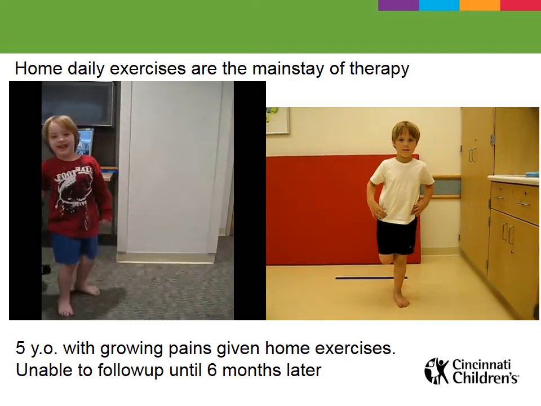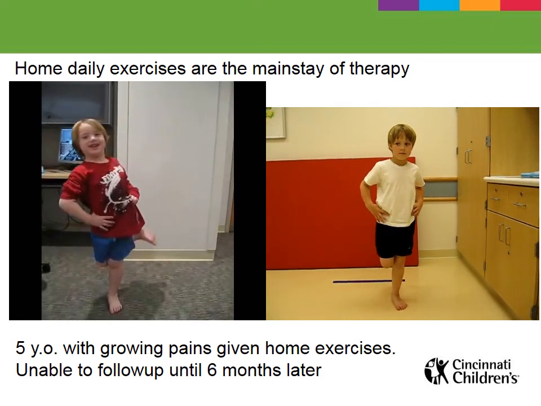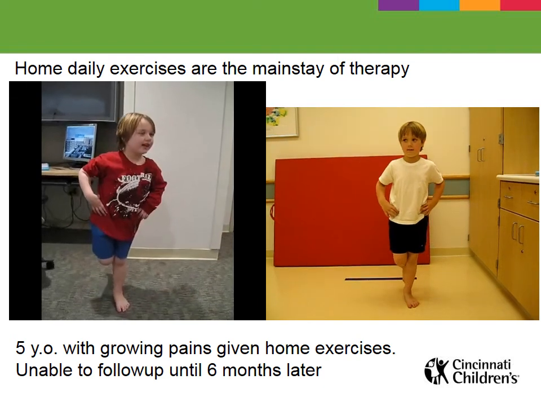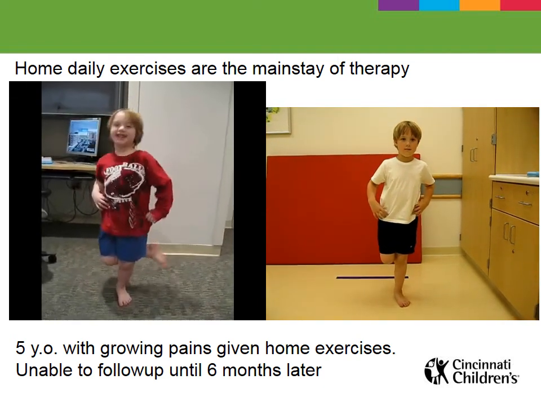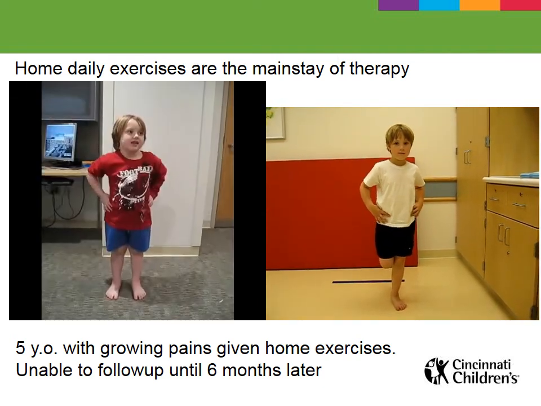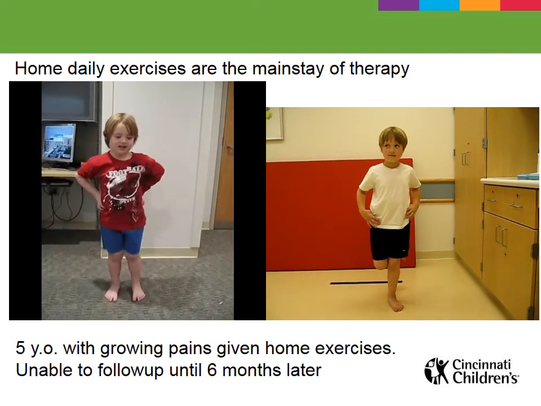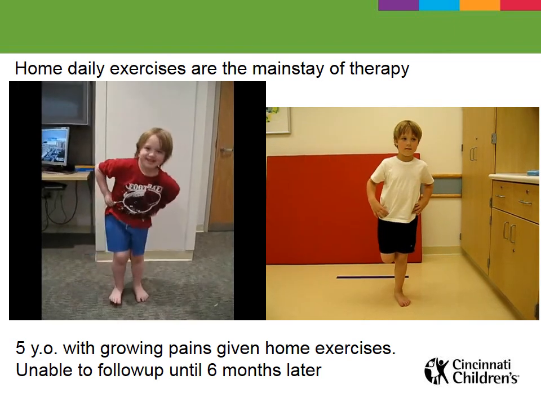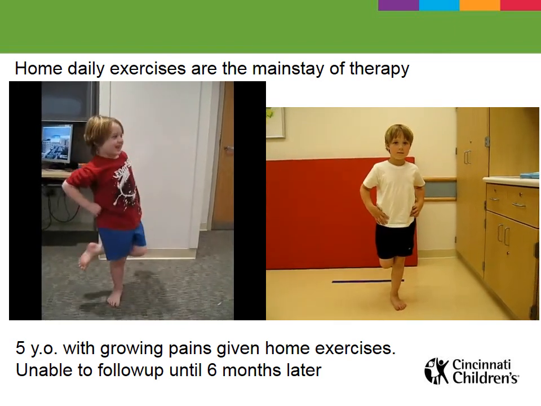This child was given home exercises, and he was then performing them on a near daily basis for approximately 6 months. 6 months later, he can hold his balance much more steadily for a much longer period of time. So not only do we see an underlying defect, it is a defect that is correctable.